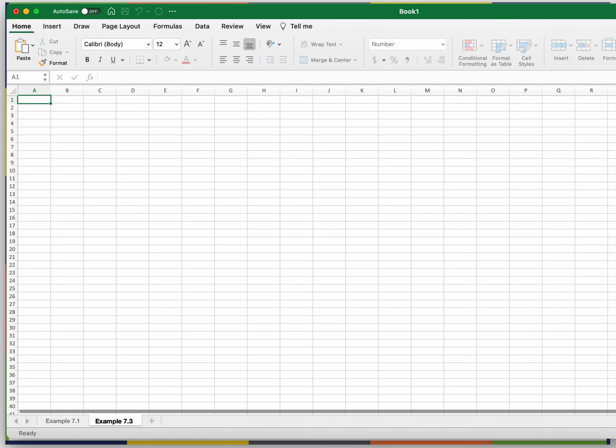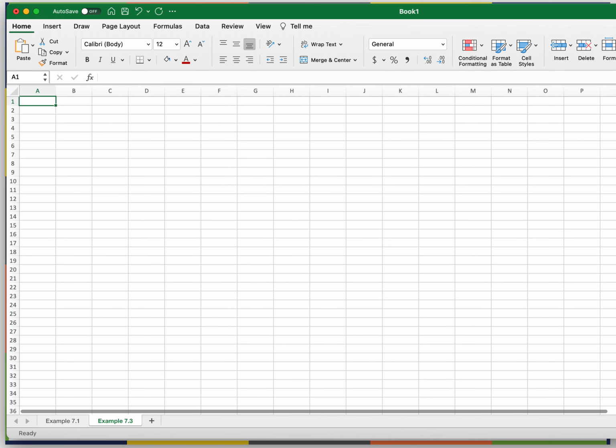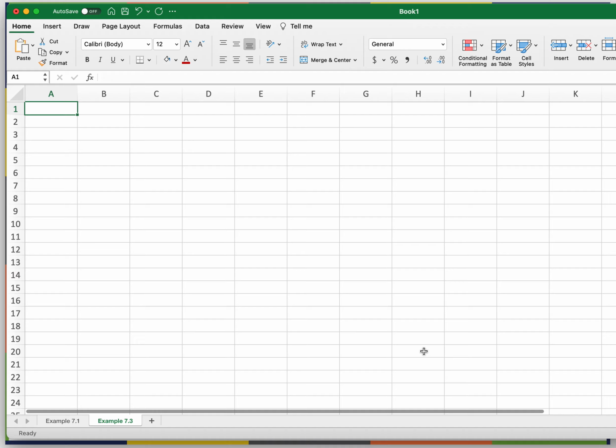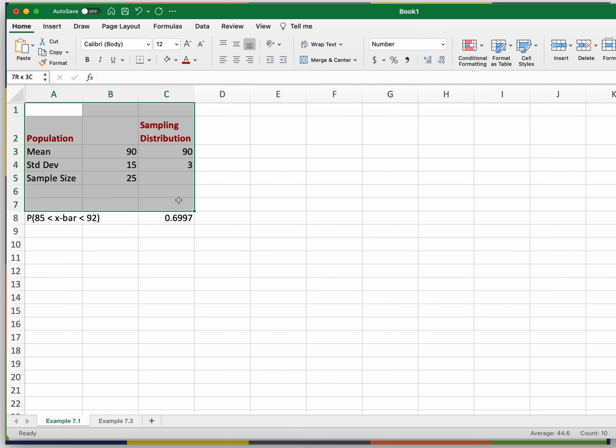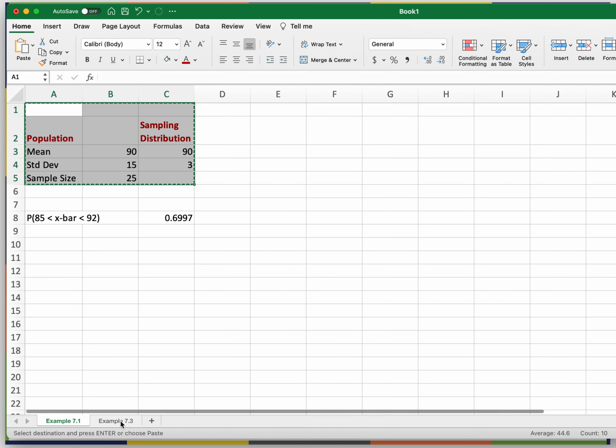And I want to do the same kind of thing here. Why don't I copy some of this? Let me copy these cells, because the problem setup is going to be the same.